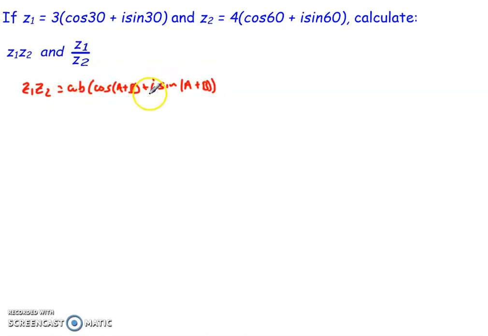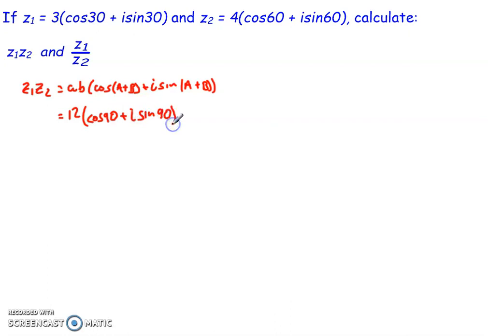Now for this, we just identify the little a and little b and our big A and big B, and we can stick it all together. So my little a is with the z1, which is 3, my little b is with the z2, which is 4, so 3 4s are 12, so it's going to be 12 times (cos of (A plus B). A is the 30, B is the 60, so that's going to be cos of 90 plus i sin 90.